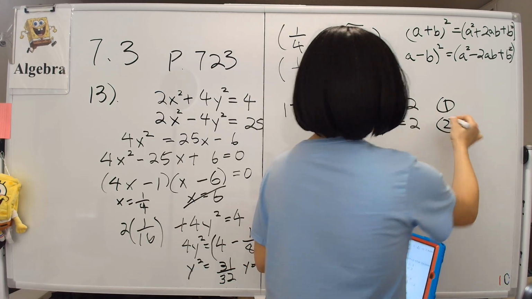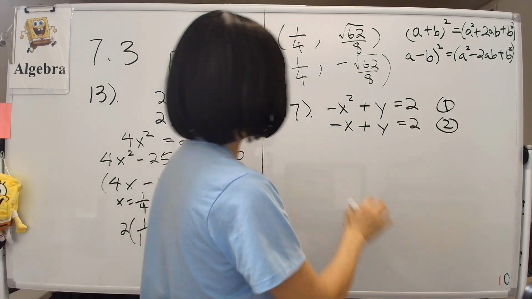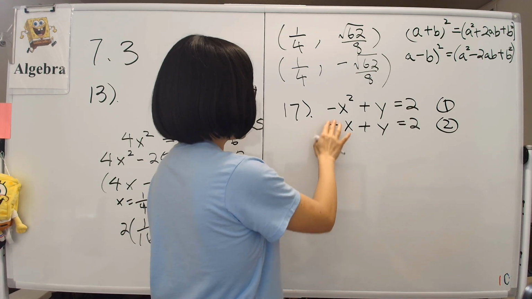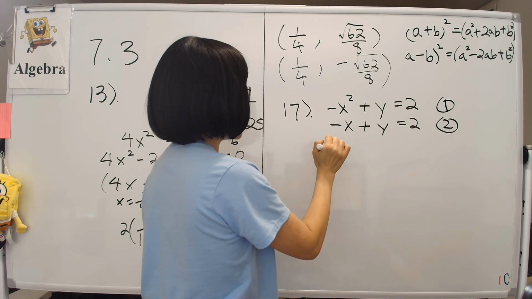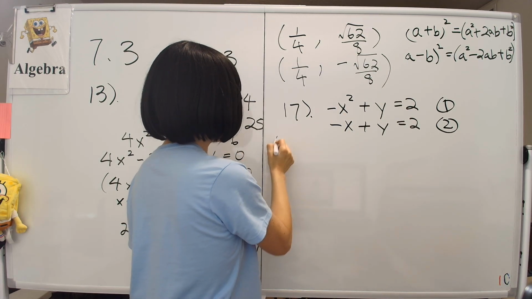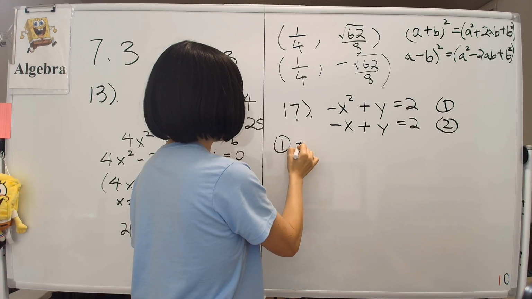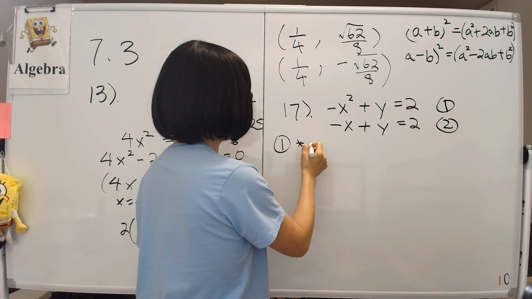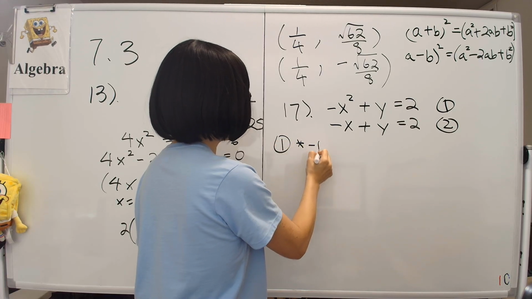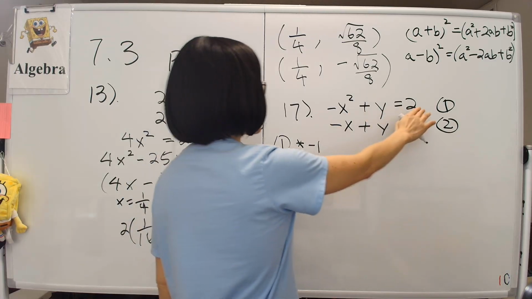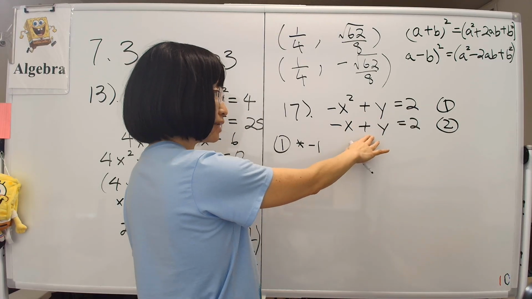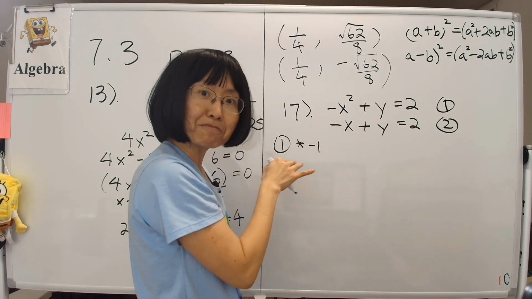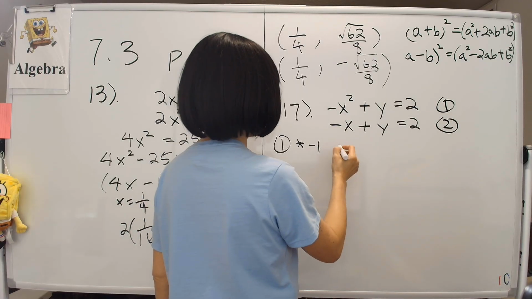We'll pull the same simple trick of multiplying equation 1 by -1. I'll use that symbol for times. Now if we do that, we'll change the sign across the board, and then when we add it to equation 2, we'll eliminate y completely. So that's what we're going to do.